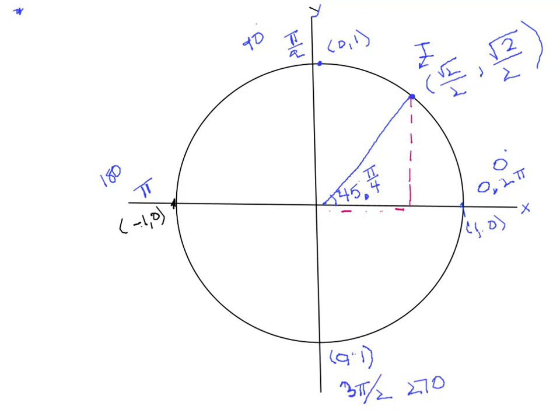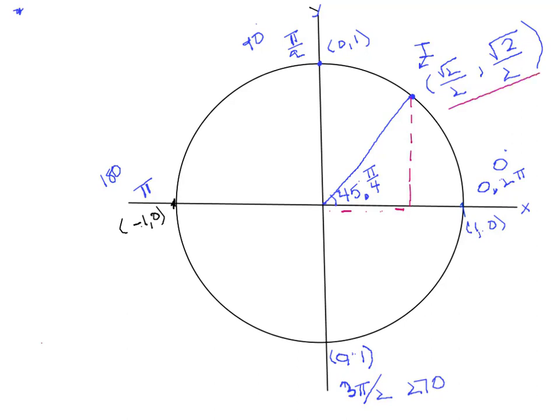So it's kind of easy to remember because the height and the base, we'll call it the base and the height, are exactly the same. So you have to remember these numbers. Square root of 2 over 2, comma, square root of 2 over 2. This is memorized. I will tell you when to memorize something. This is memorized.